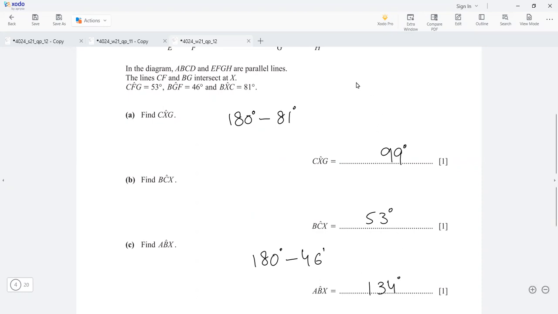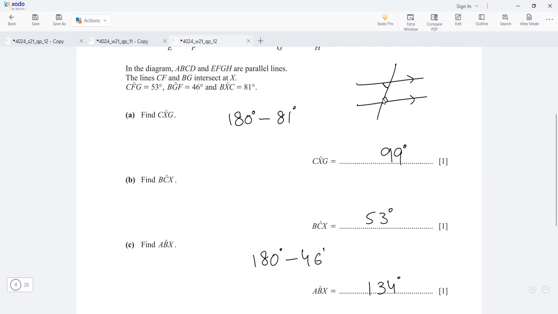Remember the properties. I'm making a separate diagram: when there are two parallel lines and the same line is intersecting them, the angle on the left side of that line with the first parallel line and the angle towards the right side of that line with the other parallel line are alternate interior angles. So these two are equal as well.